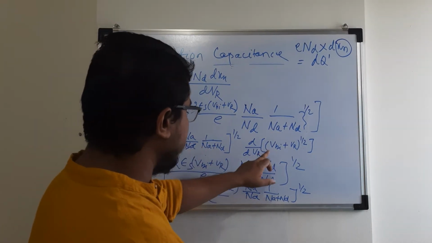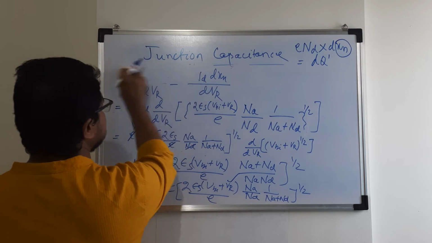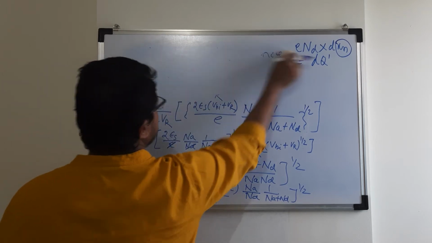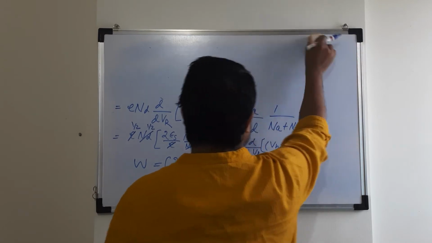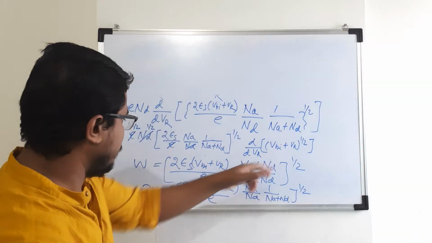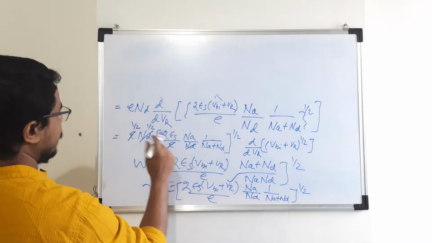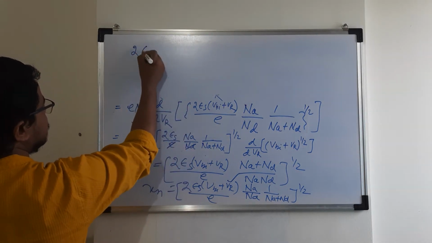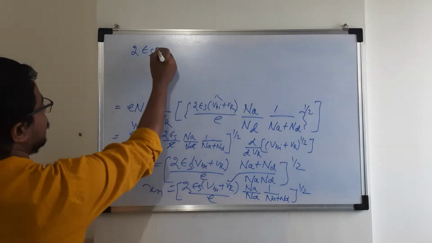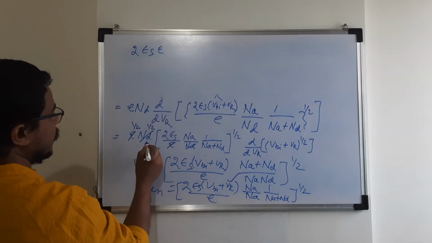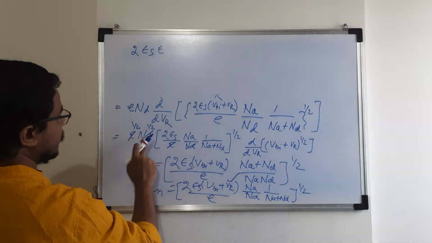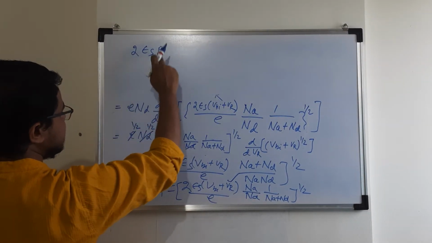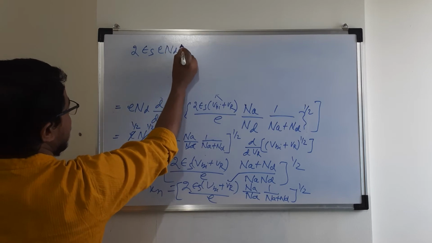If I solve this, finally we have 2 epsilon s and then e to the power 1 by 2, and then Nd to the power 1 by 2. This whole thing can be taken inside, so 2 epsilon s e Nd Na.